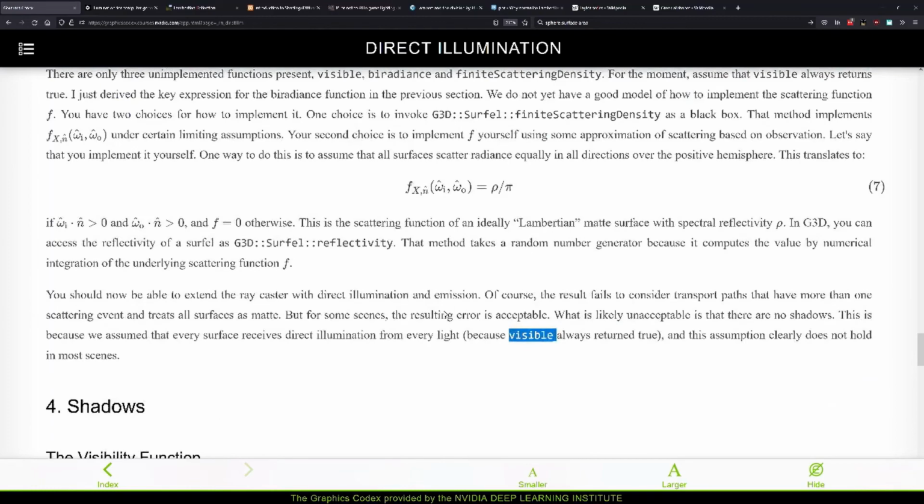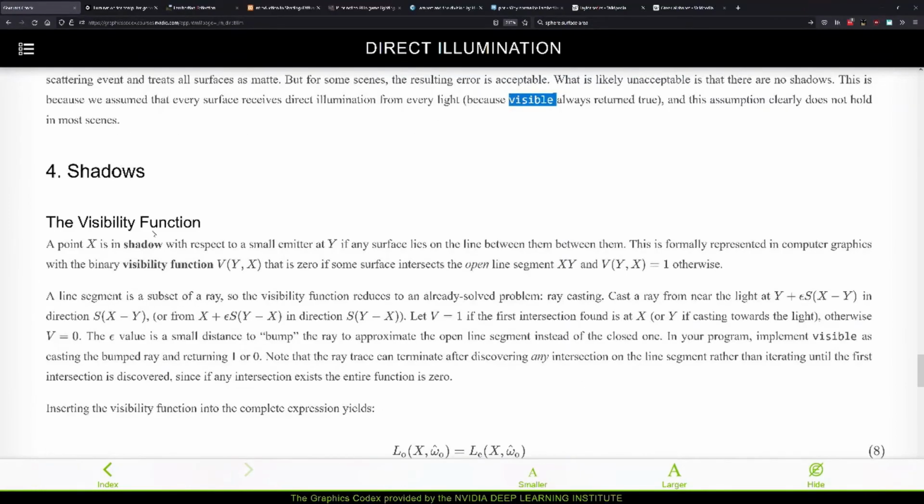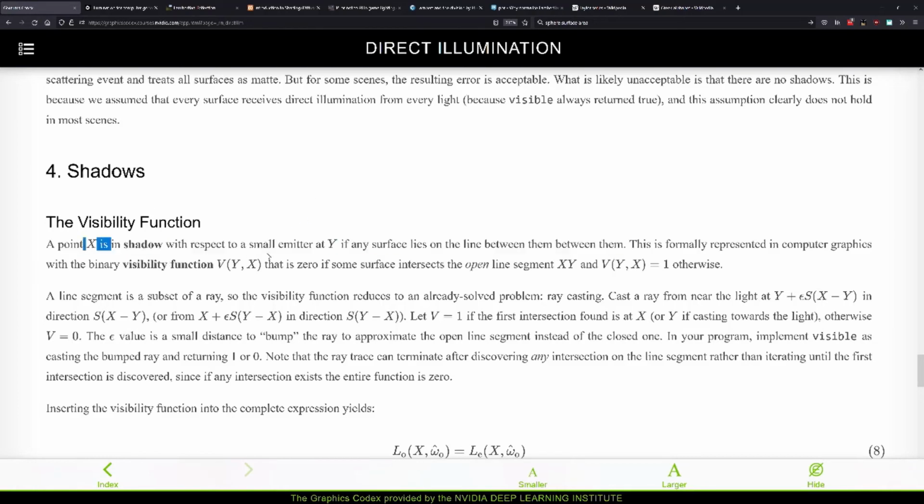Okay, so we now have to define the visibility function to make shadows work. What I said earlier: if there's stuff in between X and Y, it's in shadow or not visible. It's a binary function.